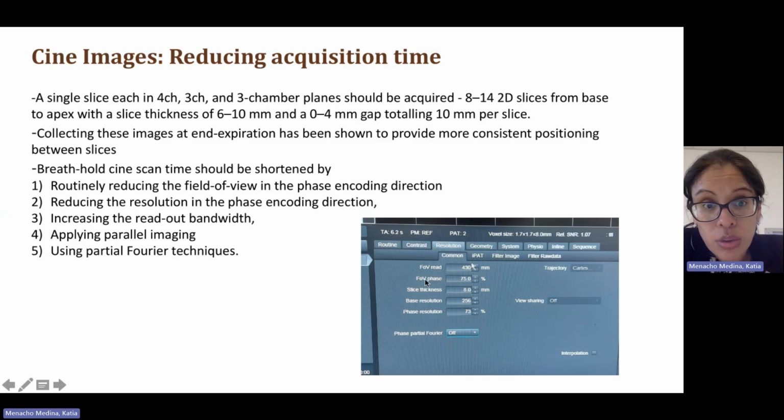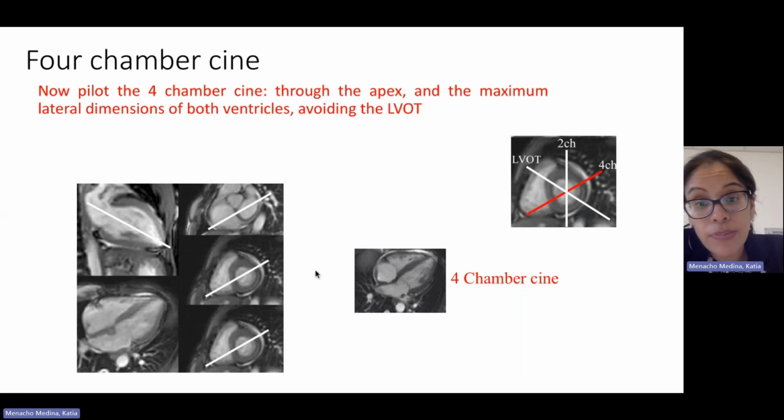We can also reduce the resolution of the phase encoding direction, and also increase the readout bandwidth, or if it's available, use parallel imaging. With these sequences, you can make your acquisition faster. And the same for LGE.